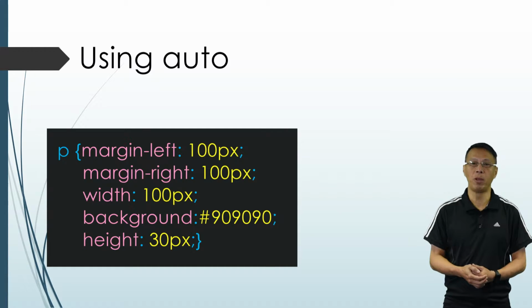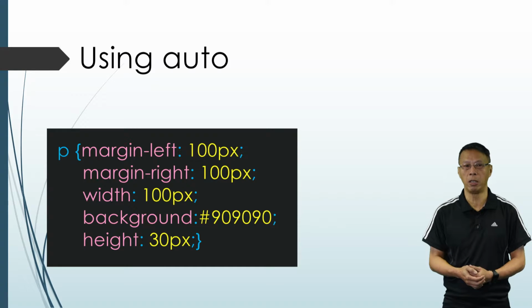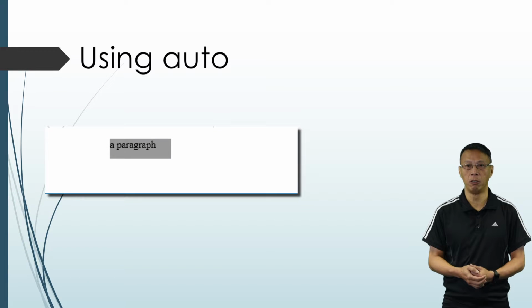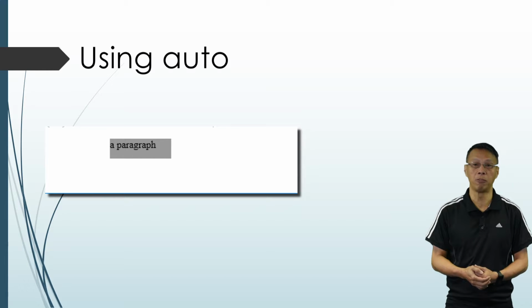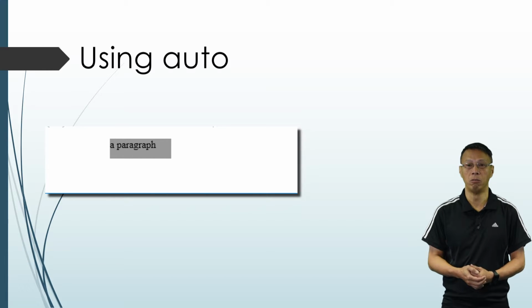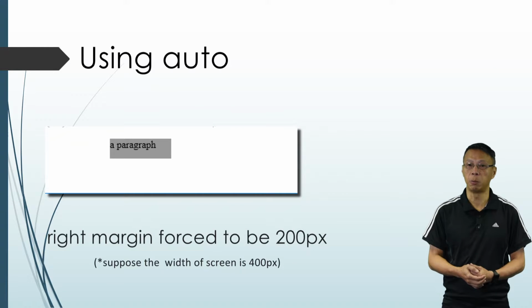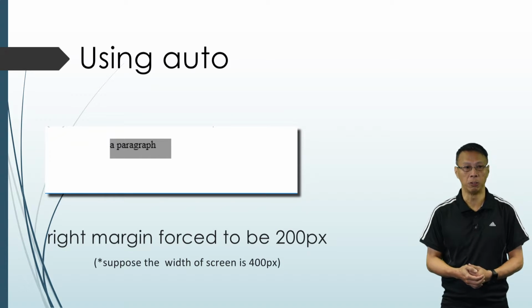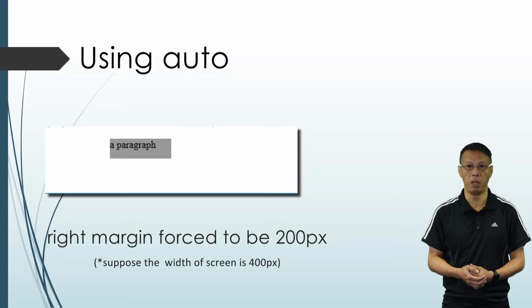Somehow we cannot satisfy both constraints, so this is an example of over-constraint. In this case, we follow the default flow of the text. Remember, it is from left to right. So at the end, the display would take the margin left as 100 pixels. Then the right margin is forced to be auto and is now set to be 200 pixels.